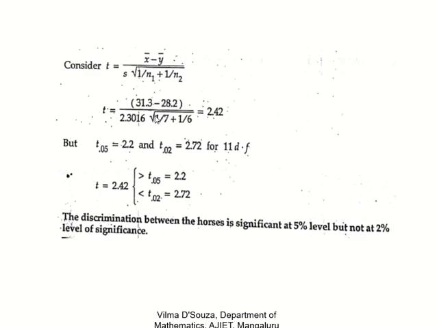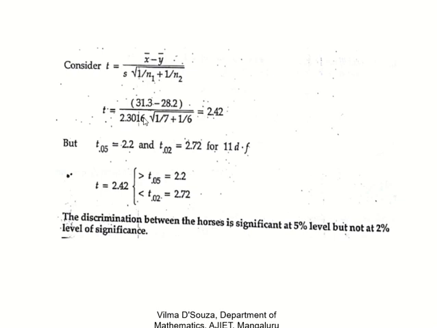So what is your t? t is x bar minus y bar divided by s into root of 1 by n1 plus 1 by n2. x bar 31.3 minus y bar 28.2 divided by s, which you just calculated as 2.3016, into root of 1 by 7 plus 1 by 6.